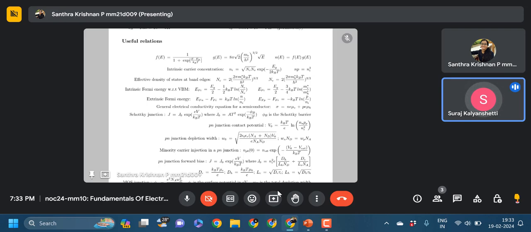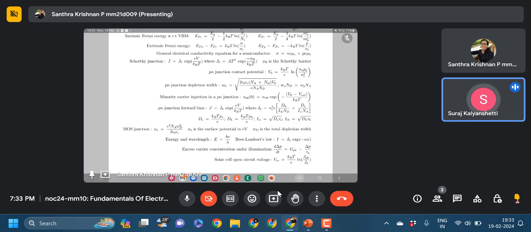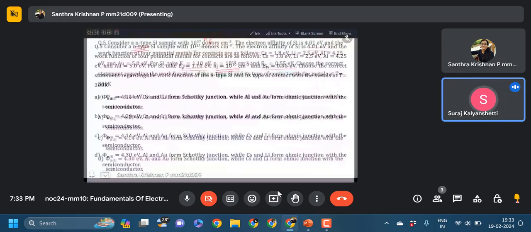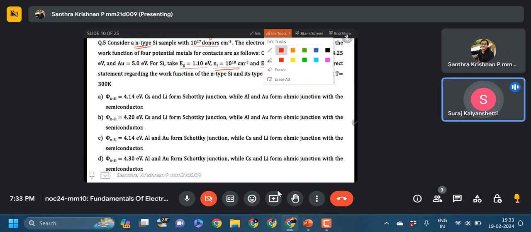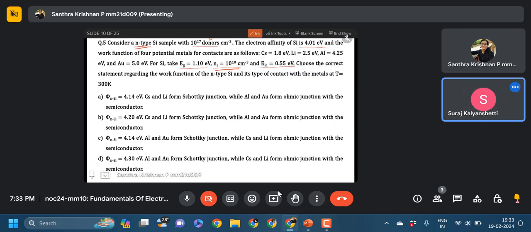Just go back to the question, please. I noted down this, thank you so much. The N-type semiconductor has Nd, sorry, Nd is 10 raised to 17. That is n, basically n is equal to Nd. So np is equal to ni square, divided by Nd, correct?